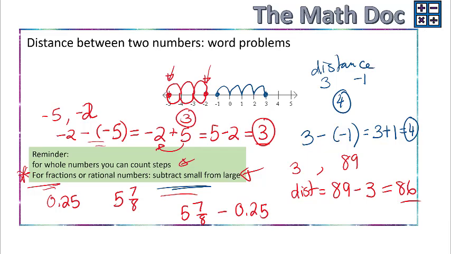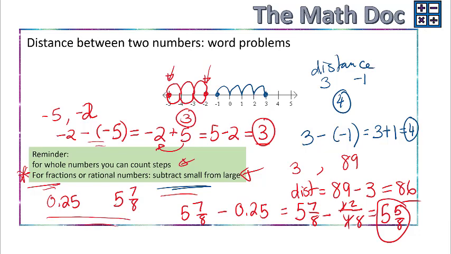We would convert this to one type of fraction, so we'd have 5 and 7/8 minus a quarter. We write a quarter as 2/8, multiplying the top and the bottom by 2. And then we have just 5 and 5/8. Obviously we wouldn't be able to do this by counting steps, but we can do it easily with the subtraction.